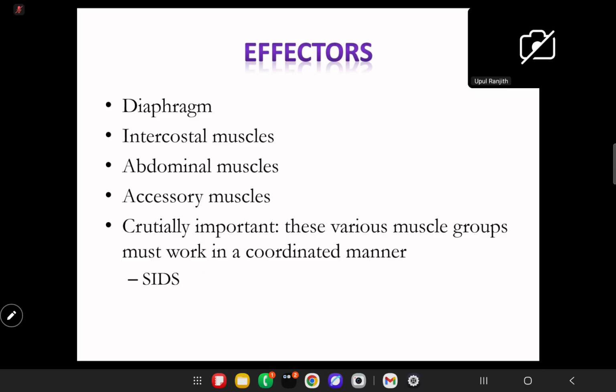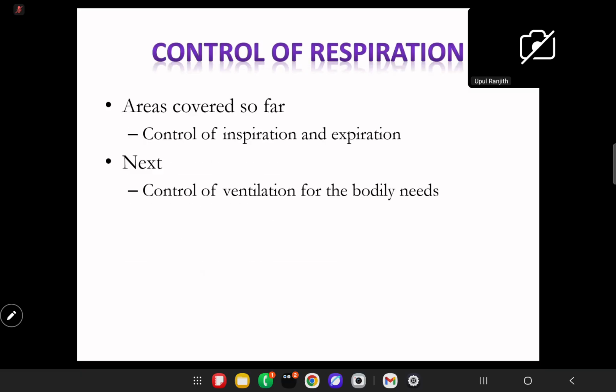Now it is thought that these cot deaths are due to a defect in this coordination, because the infant brain is immature. So that brain cannot coordinate well the functions of these various muscle groups. So these babies die in the cots. They can't find any other cause for death.